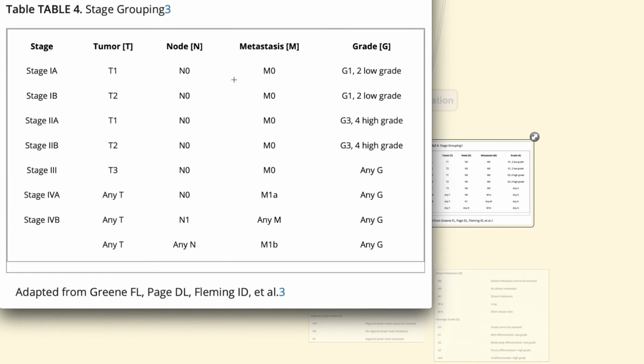We can see here that the addition of node is noticeable, and the number of stages has now developed into stage 4A and 4B.